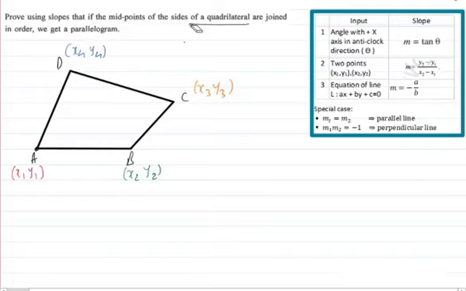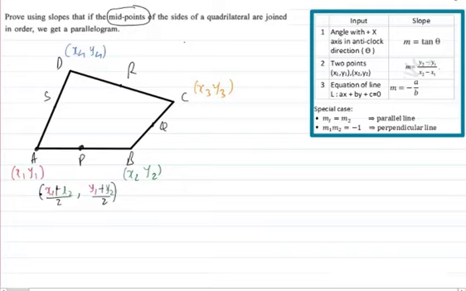Now according to our question, let's get the midpoint of the sides. The midpoint of AB, let's assume as P, Q, R and S. Okay, so the coordinate of P must be (x1 plus x2) by 2 and (y1 plus y2) by 2, right?